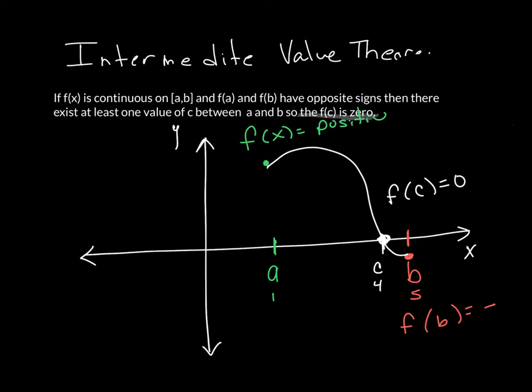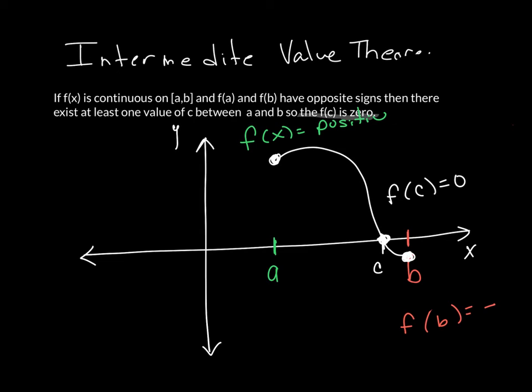That just says that there exists an x value where it will cross the x-axis and have a 0. Now, these numbers, 1, 4, and 5, those are just examples. This would be true for any real number as long as this was a closed interval on both ends.